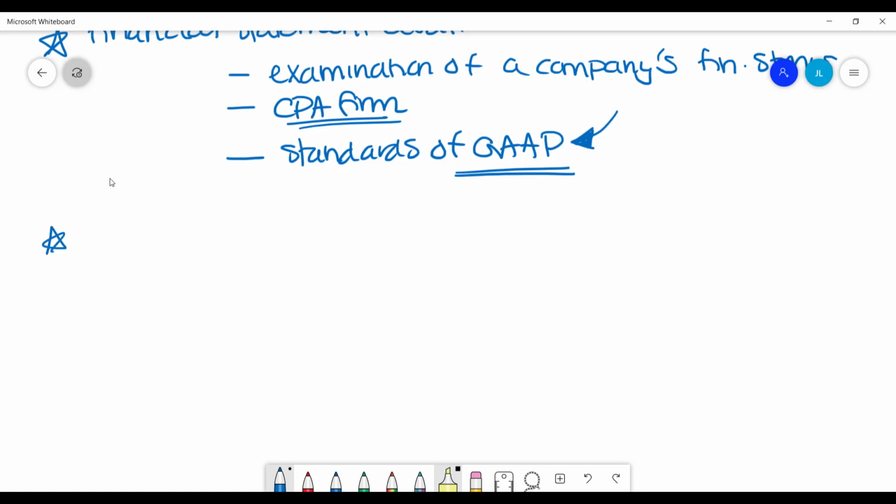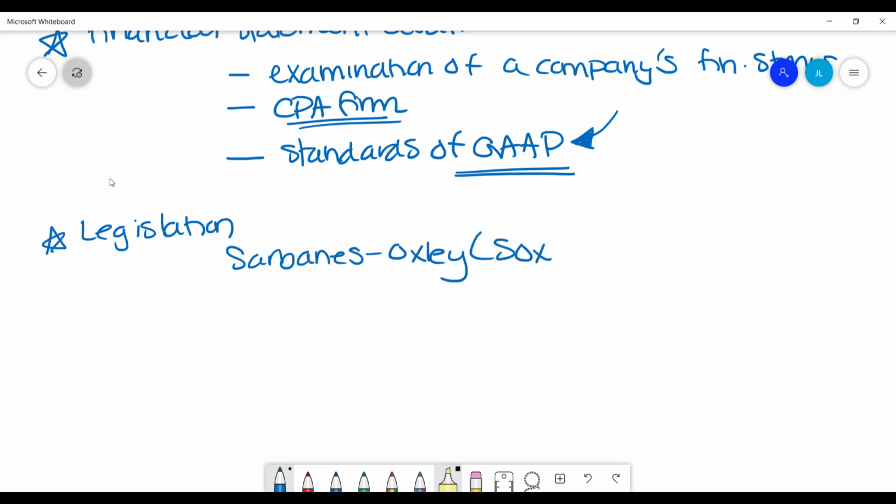And we also have legislation that helps to enhance the integrity of financial accounting information. So Congress passed the Sarbanes-Oxley Act in 2002. I'll actually write out the full name here, Sarbanes-Oxley, SOX for short, of 2002. Okay.